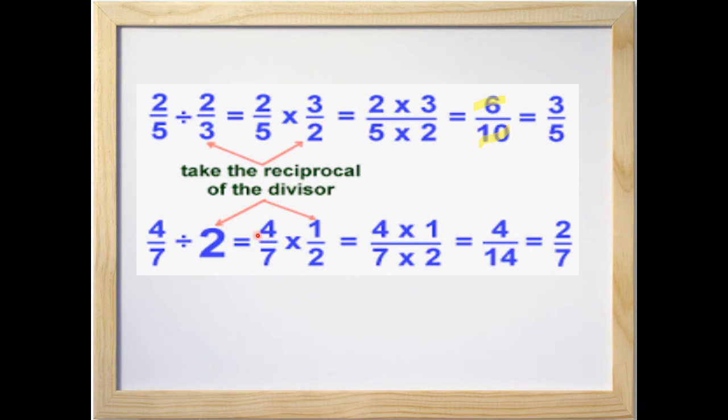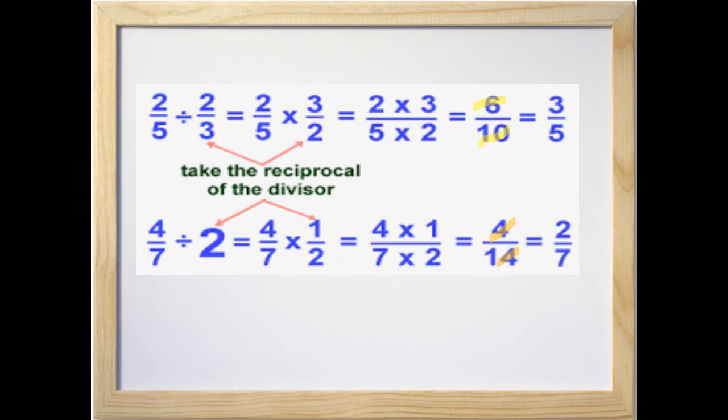Now we will multiply the numerators and multiply the denominators. So it is 4 into 1 by 7 into 2. 4 into 1 is equal to 4. 7 into 2 is equal to 14. Again, they have common factors. So what are the common factors here? It is 2 again.